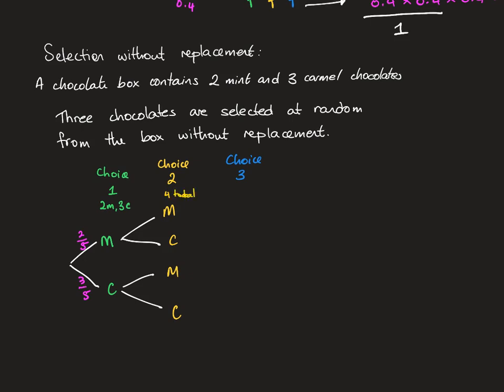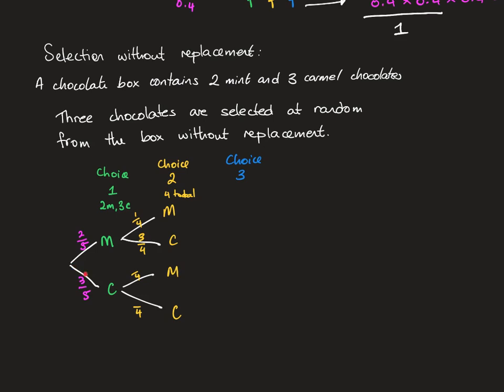So each of our probabilities will now be out of 4 because one chocolate has already been chosen. Now left in the box, if we've chosen one mint, is one mint left, which means the probability of selecting that mint will be 1 out of 4. The probability of selecting a caramel, there's 3 of those left, will be 3 out of 4.